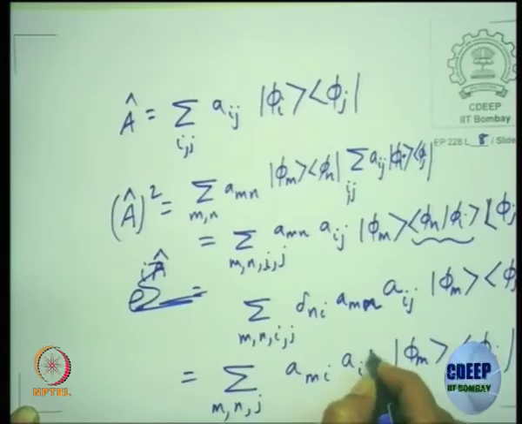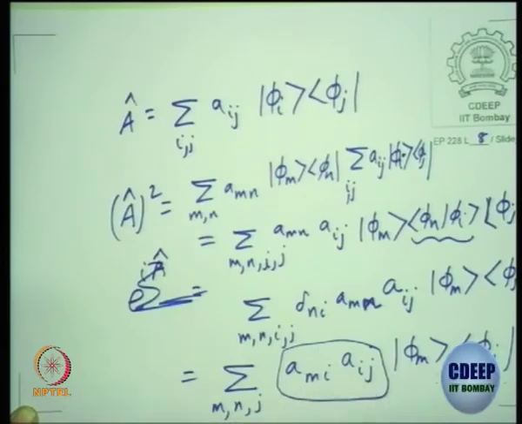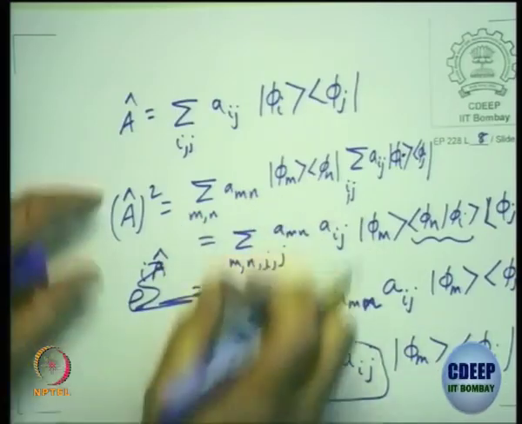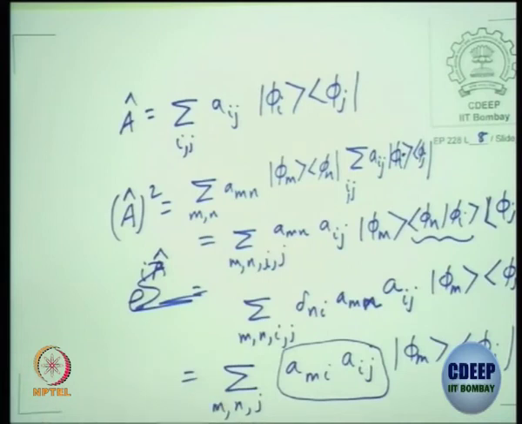So this thing you can write as the mj-th element of A squared, right? So you can actually see that if this is A, then this becomes a function of that operator, a function of these coefficients. So this is what you are trying to see.